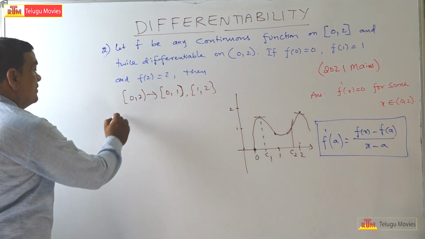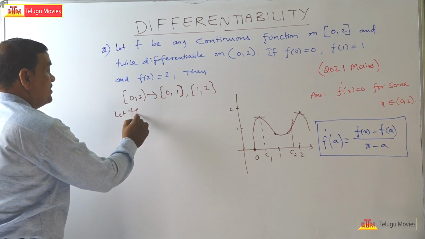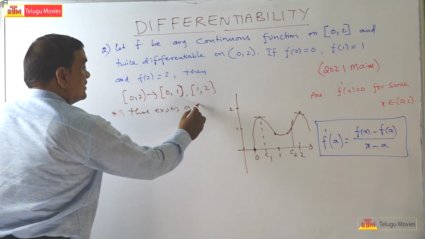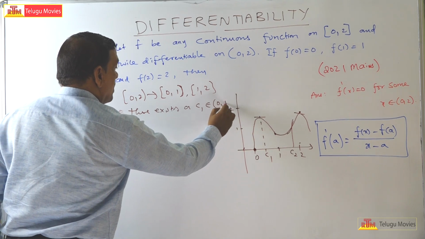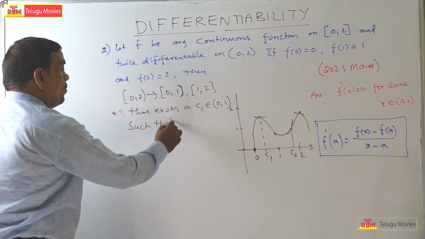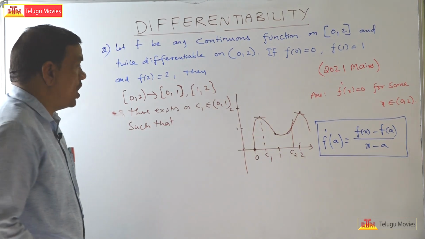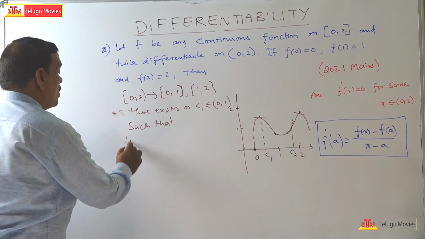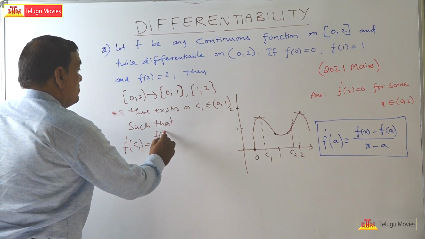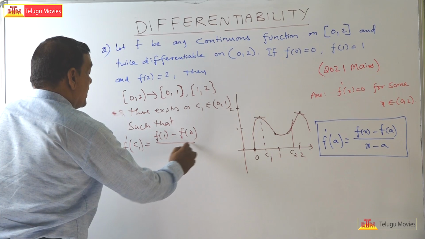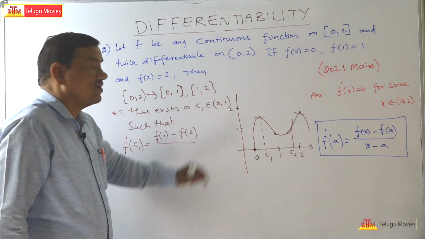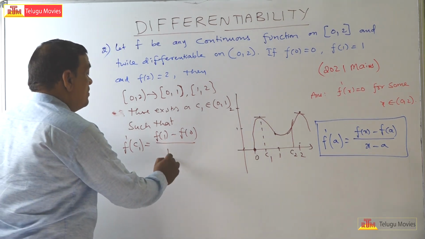Let there exist a C1 belonging to (0, 1) such that f dash of C1 is equal to f of 1 minus f of 0 by 1 minus 0.